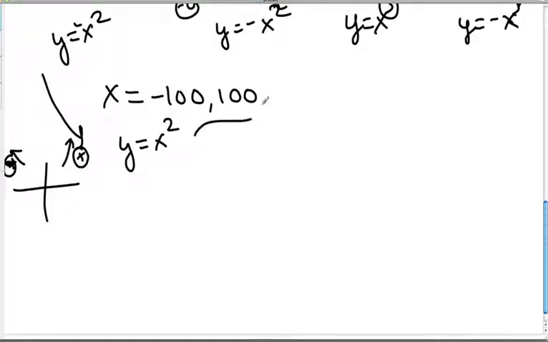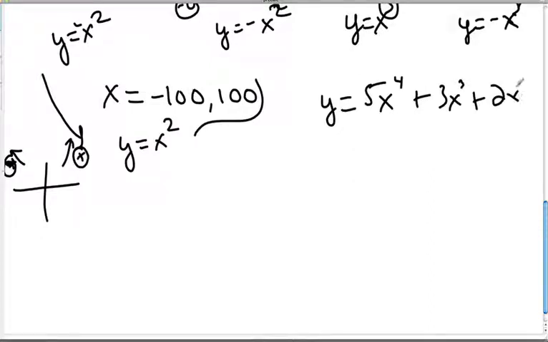And this also applies to larger constructs. Let's say we had some crazy polynomial, 5x to the fourth plus 3x cubed plus 2x plus 7. Why not? And we have to find the end behavior of this graph. Now, you might be assuming, oh no, we have to look at all these different terms, but think about it.